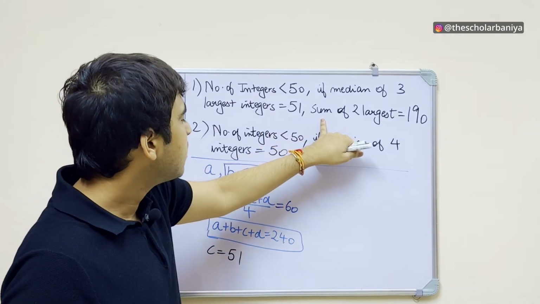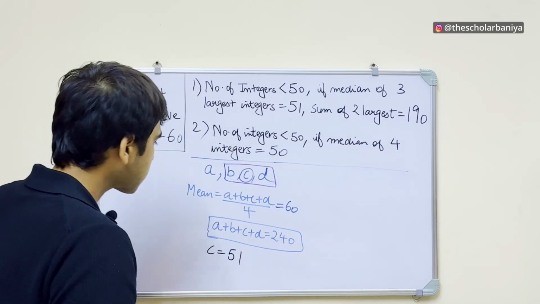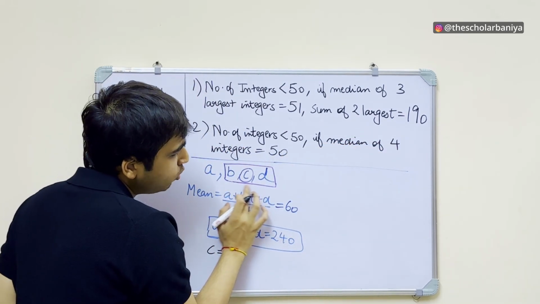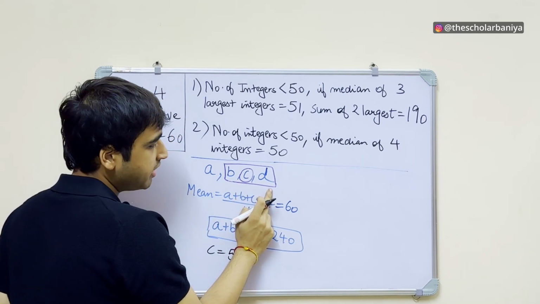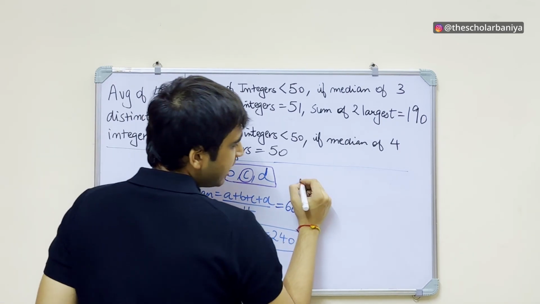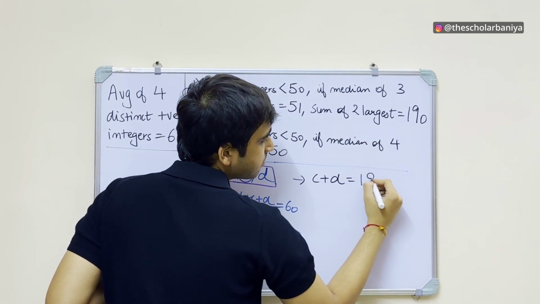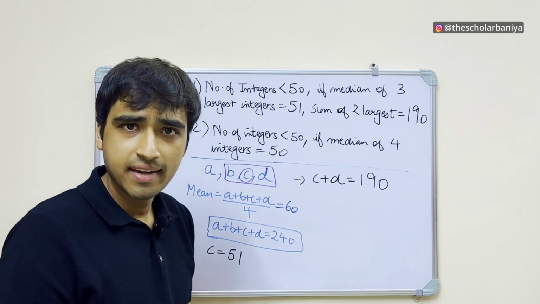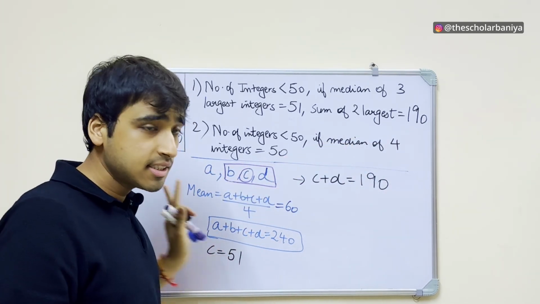We are also given that the sum of the two largest is 190. The two largest numbers are c and d, since this is in ascending order.